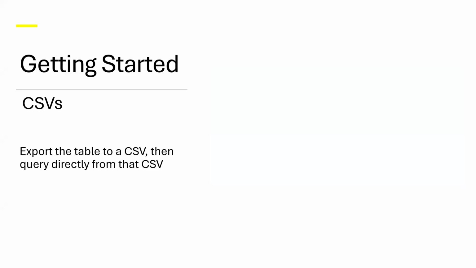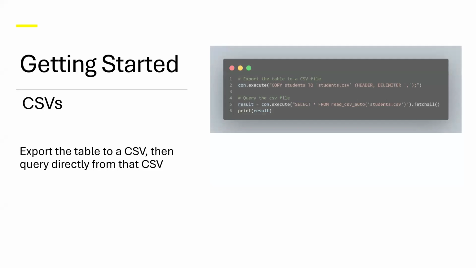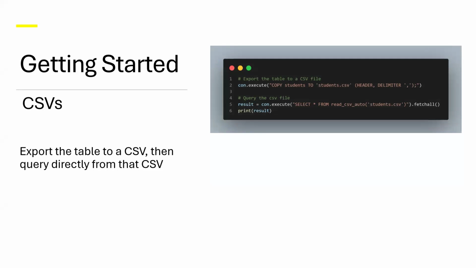Moving a little bit farther to working with CSVs, because in day-to-day, you're probably going to be working with CSV files most often. We're going to export that table I just created to a CSV and then query directly from that CSV file. So using that same students table, I'm doing a copy command to create students.csv, which will just have that one row. And then on this second half here, I'm doing select everything from this read CSV function.